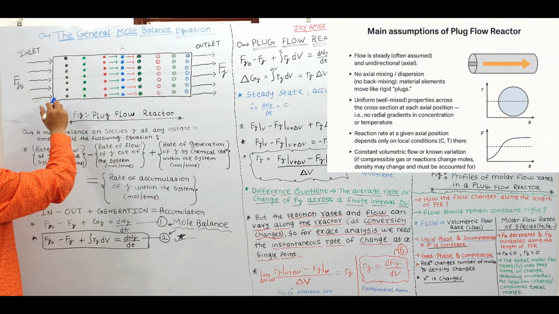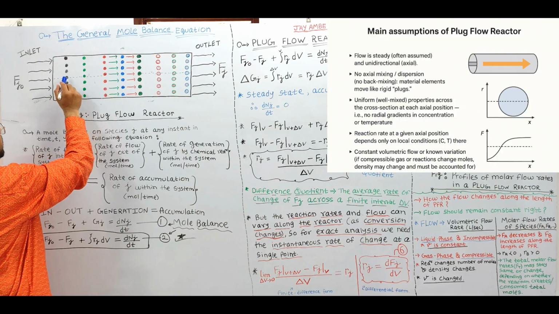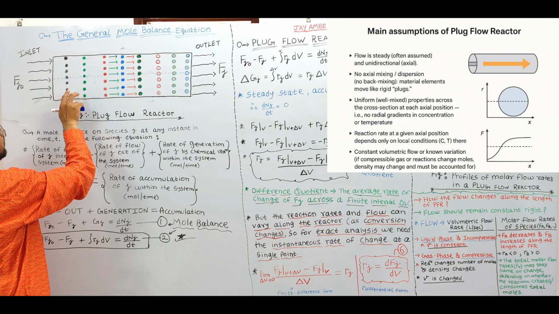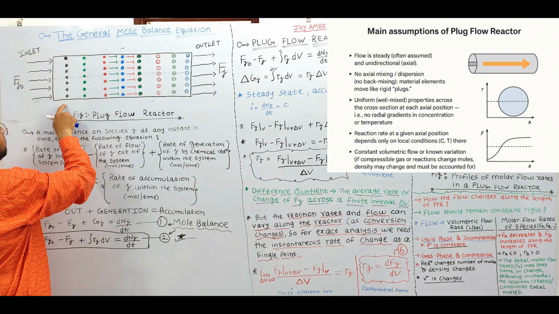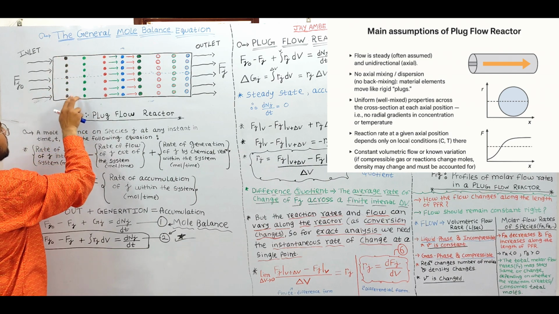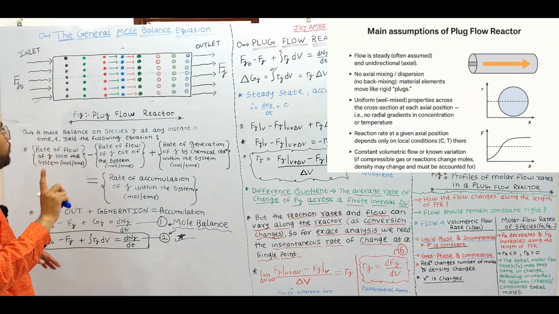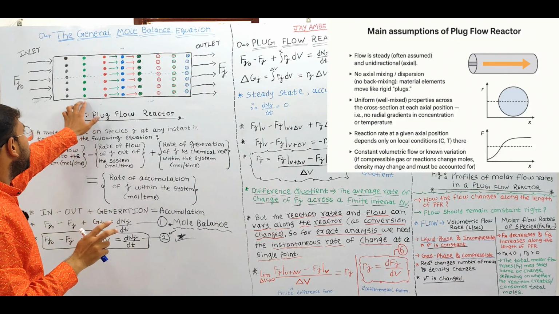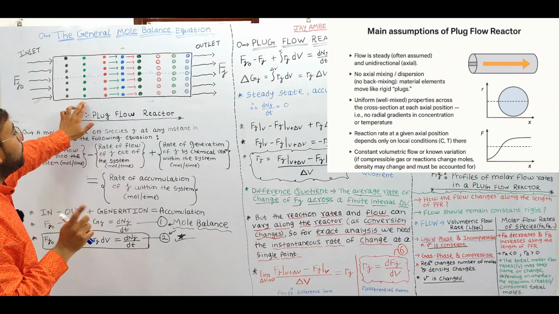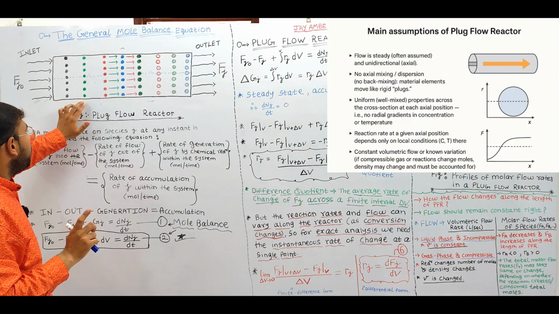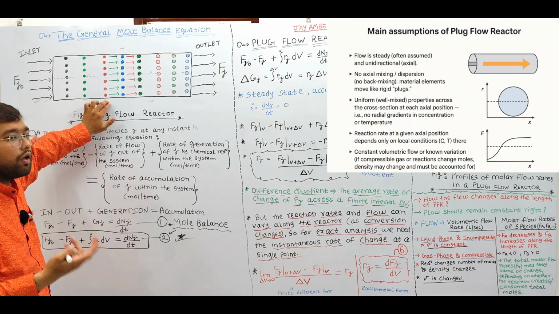So let's say at this axial position, we have the first plug, a thin slice of fluid, and the second plug, another thin slice of fluid. There will be no mixing of the second plug with the first plug, or of the second plug with the third plug, right?